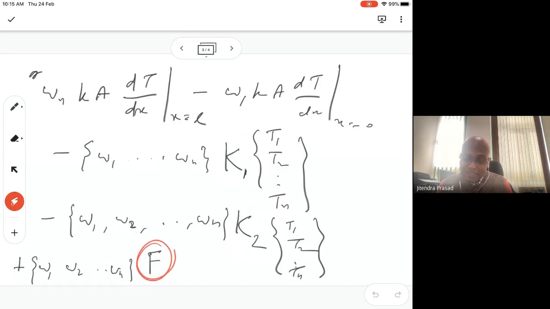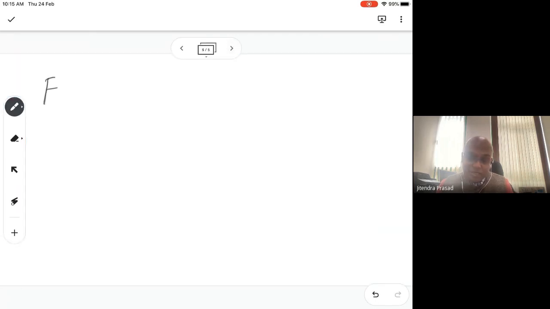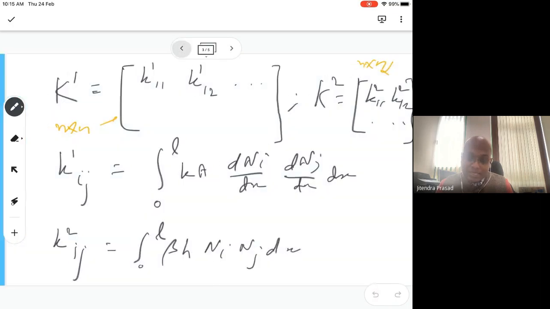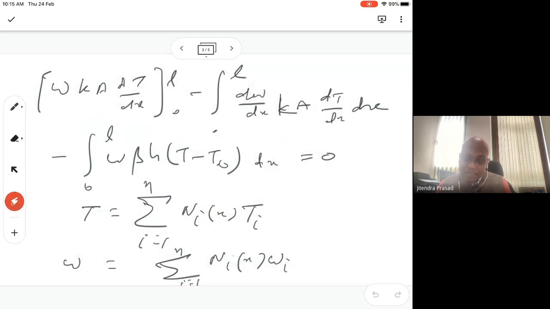Now the only thing is we have to find out what the F is. So F will be given by, so you can see which things are there. Beta H is there, and then T infinity is there, and that multiplies by W, which is N1 W1 plus N2 W2.